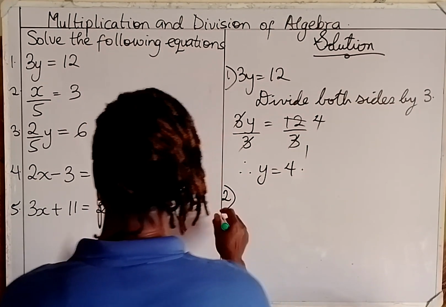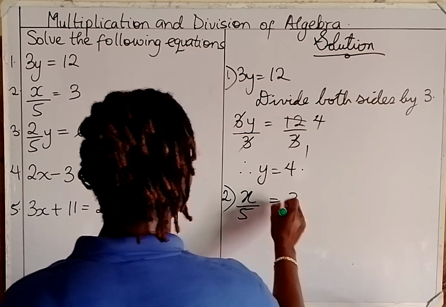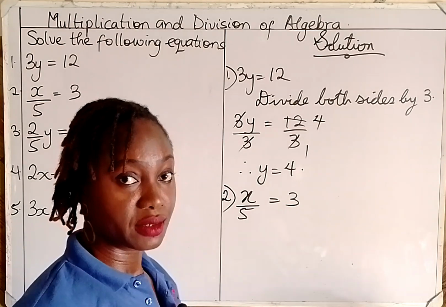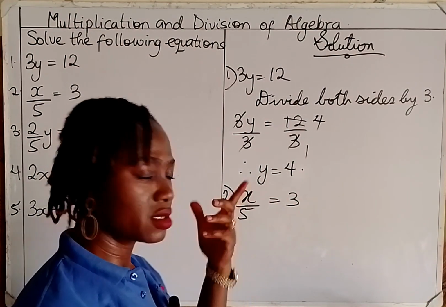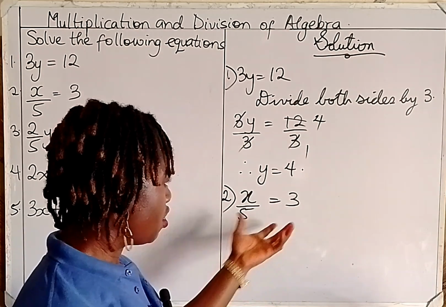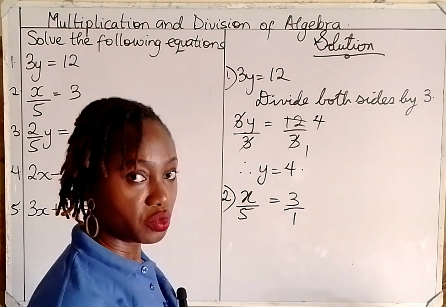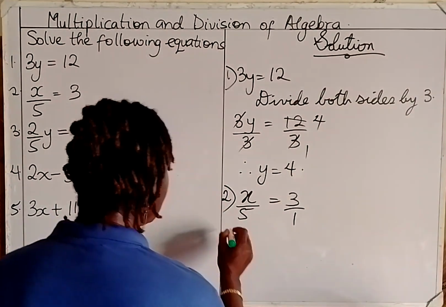Question 2. We have x over 5 equals 3. Now, how do we get the value for x? Looking at the question, we have x divided by 5 equals 3. Originally, this is x over 1. So we are going to multiply both sides by 5.